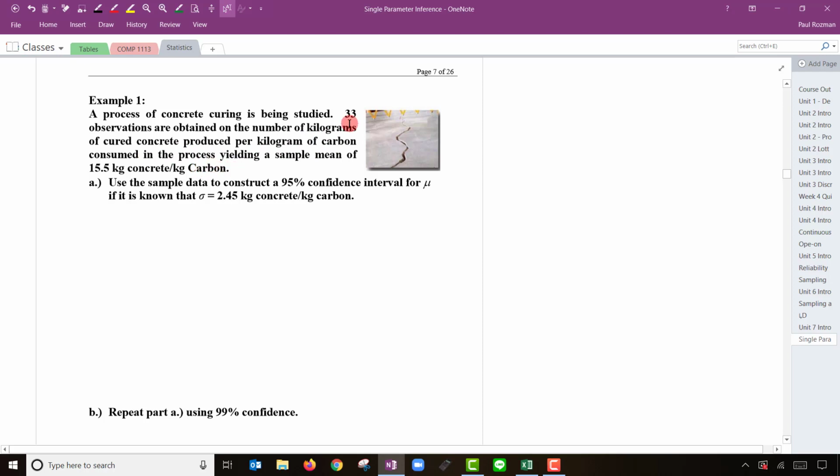So I pour 33 slabs of concrete, and I examine them or measure them in some way so that I can come up with the average of 15.5 kilograms of concrete per kilogram of carbon.